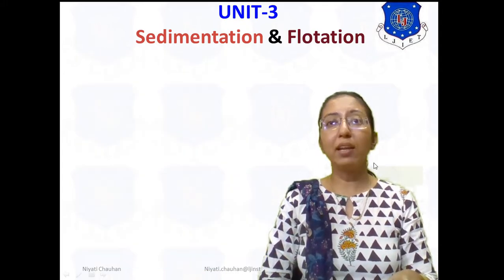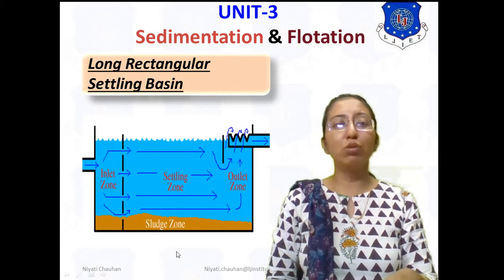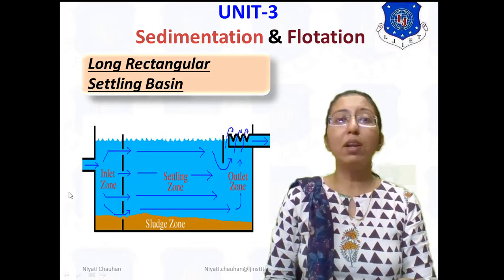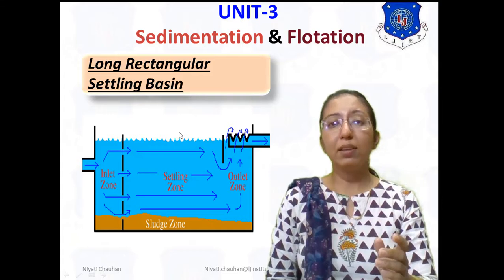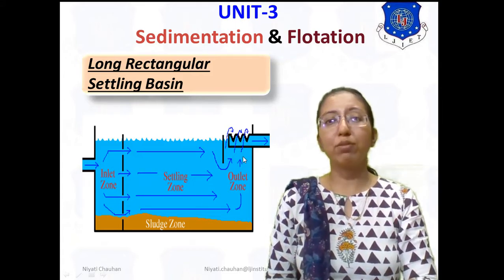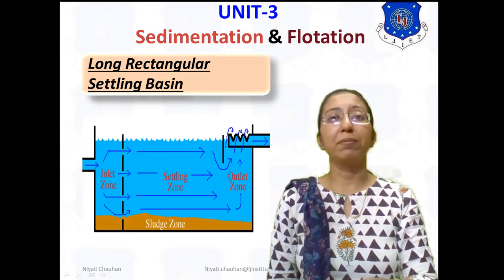Again see in the diagram, below the settling zone the sludge zone is available. The water passes horizontally through the inlet zone, then the sludge settles down and goes through the sludge outlet.